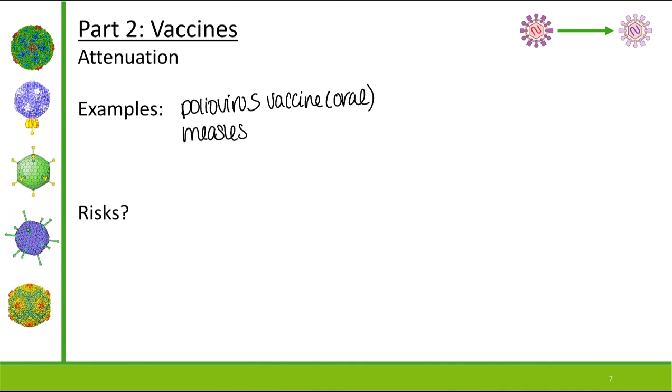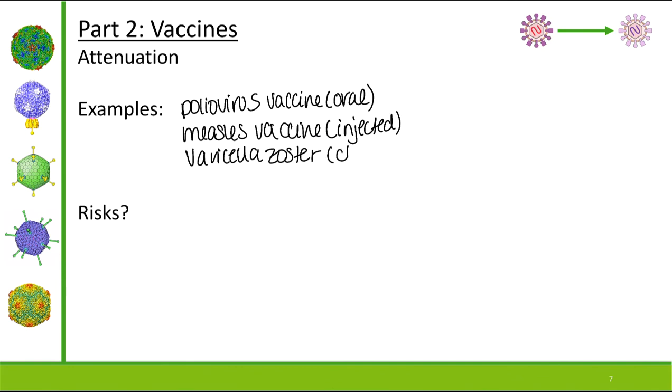The measles vaccine, which is injected, is another one. And another really great example is the varicella zoster, which is chickenpox. Many of you have received this vaccine, and it is attenuated.